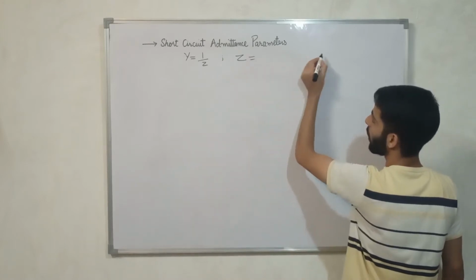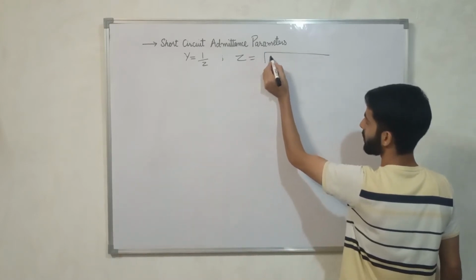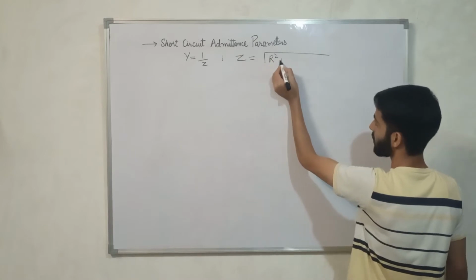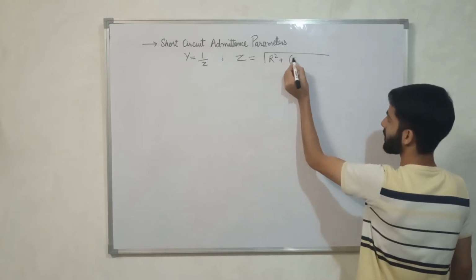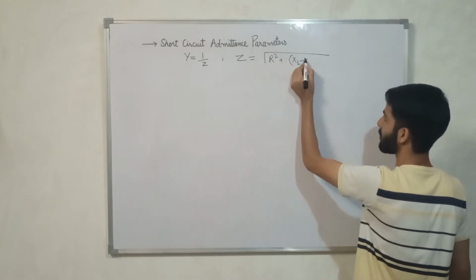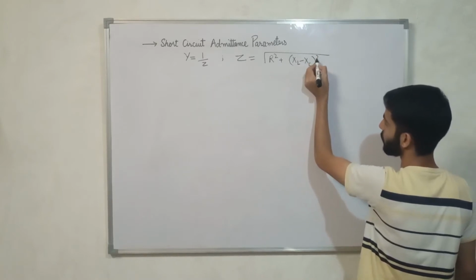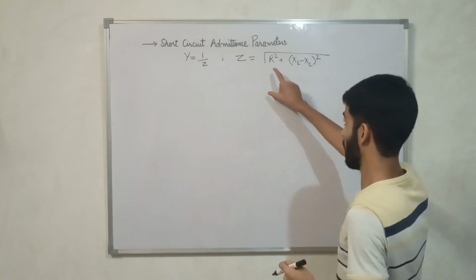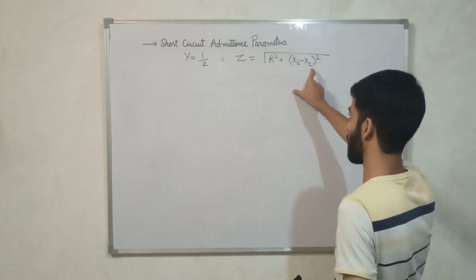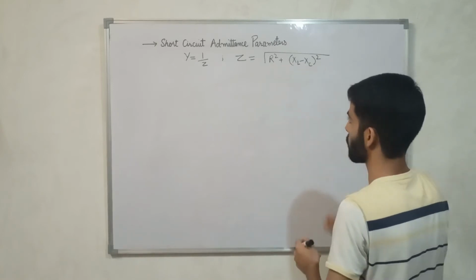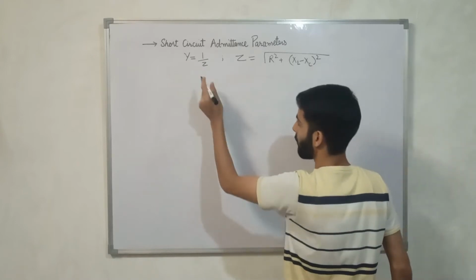Z equal to the square root of resistance square plus (XL minus XC), which is the aggregate reactance square. So what will Y be?